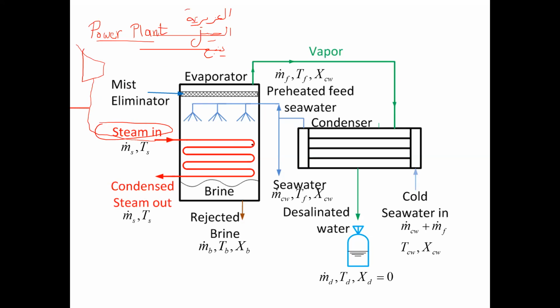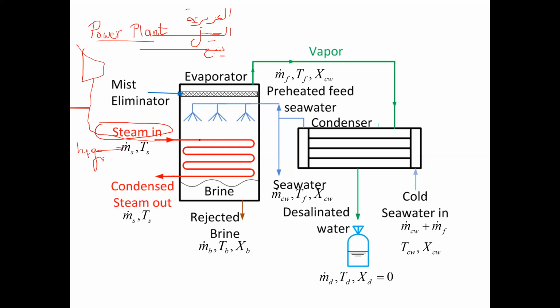The steam is going to condense inside the tubes. When it condenses inside the tubes, it gives off its latent heat of condensation, h_fg of steam. This h_fg multiplied by the mass flow rate of the steam is the rate of energy input to these systems.